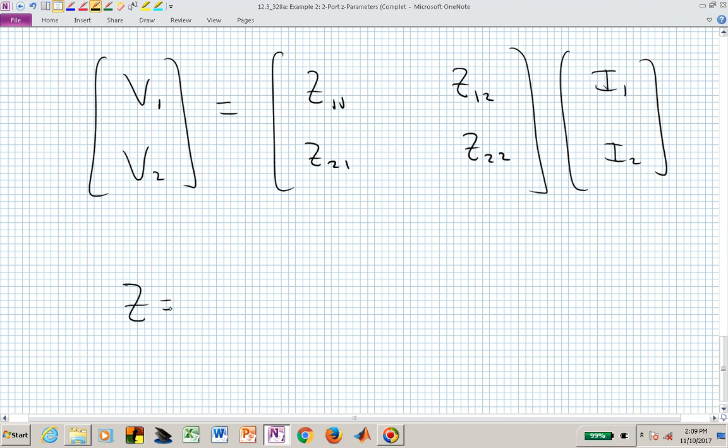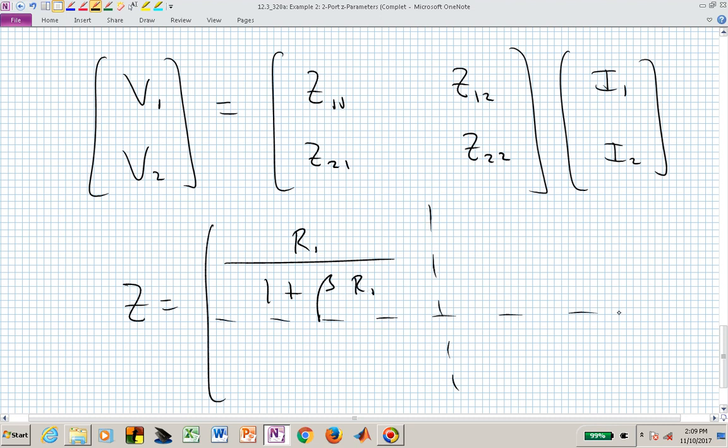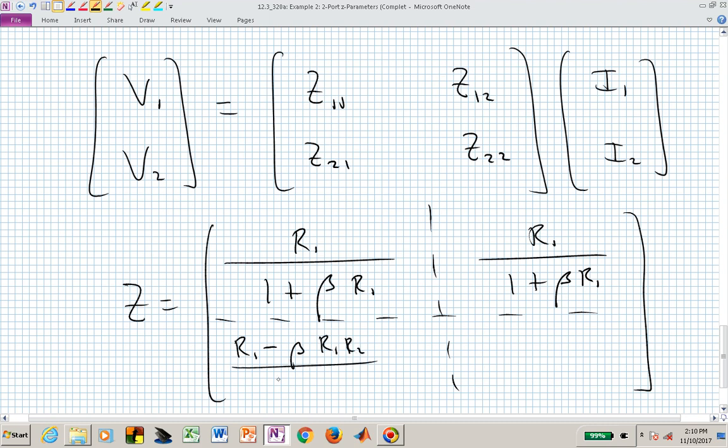In this particular case, if you do the math, hopefully you'll obtain for Z11, R1 over 1 plus beta R sub 1. Z sub 1, 2 is R1 over 1 plus beta R1. And Z sub 2, 1 is now R1 minus beta R1 R2 over 1 plus beta R1.